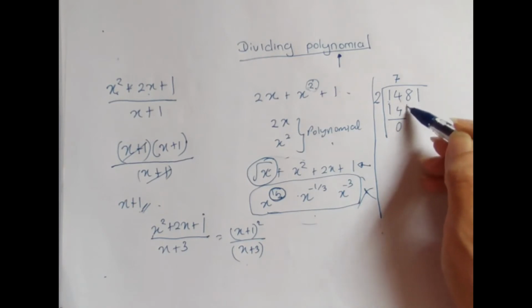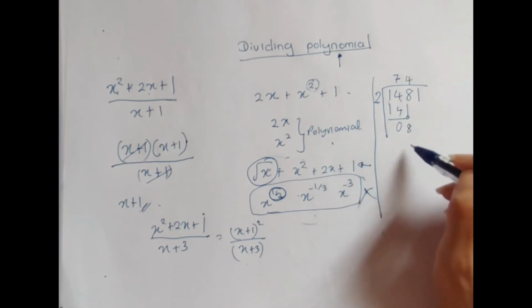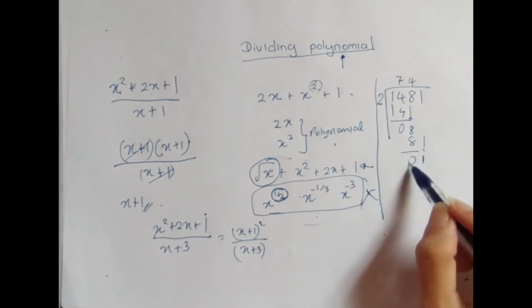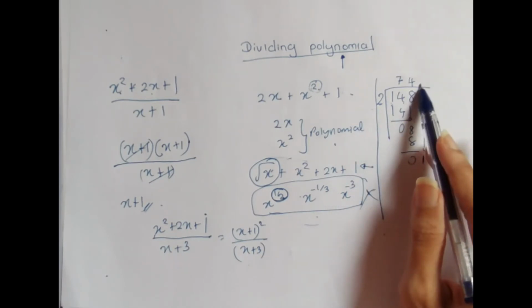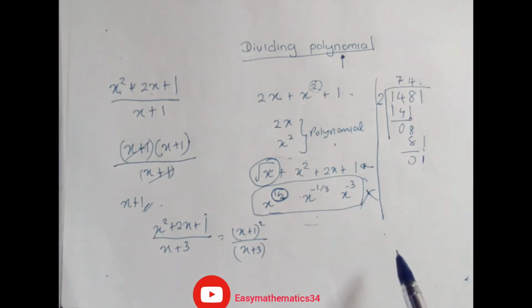I subtract and get 8 here. 8 divided by 2 is 4. 4 into 2 is 8. Zero, and I get 1 here. 1 divided by 2 you cannot do, because it is a decimal. So you keep the answer as this.